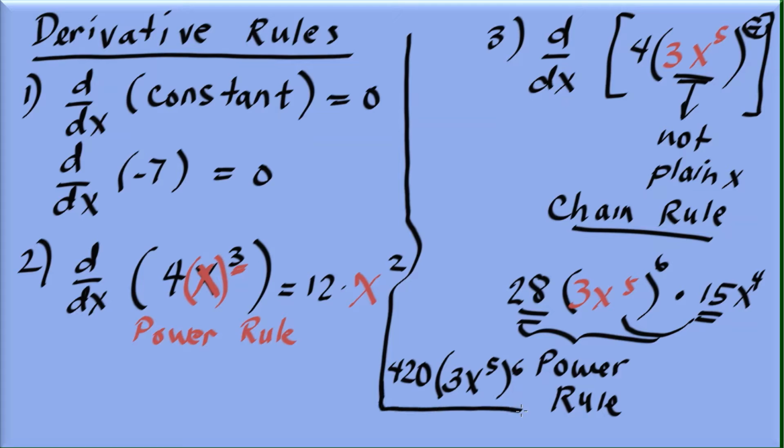And that's our derivative using the chain rule. I think I forgot the x to the fourth, right? So I multiply 28 times 15, which is 420, and you can multiply this by that x to the fourth. So that's using the chain rule. You can leave your answer as it is, or you can simplify it further.